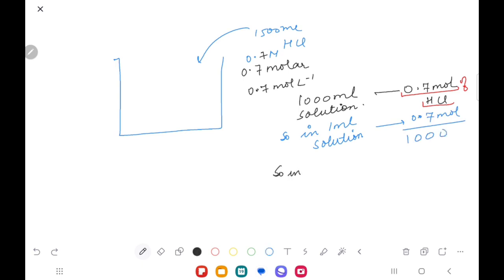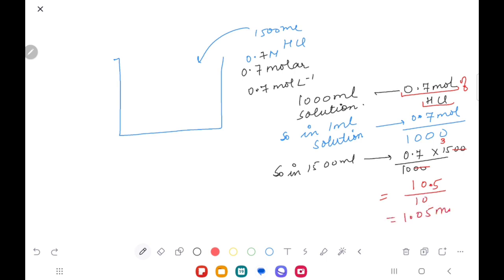And so, in 1500 ml, I will have 0.7 over 1000 into 1500. So, two zeros shall cancel two zeros, and I will have 7 times 5, 35, and 10. So, I will have 10.5 over 10. So, it is going to be 1.05 moles of HCl. Do you understand my point?